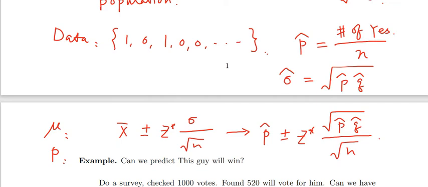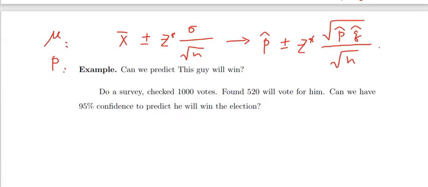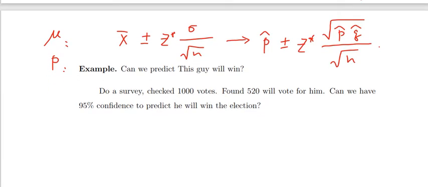By now we have a midterm election, so many agencies do polls. They tell us this guy's percentage is 42, this guy's percentage is 40, then we can predict this guy will win, right?